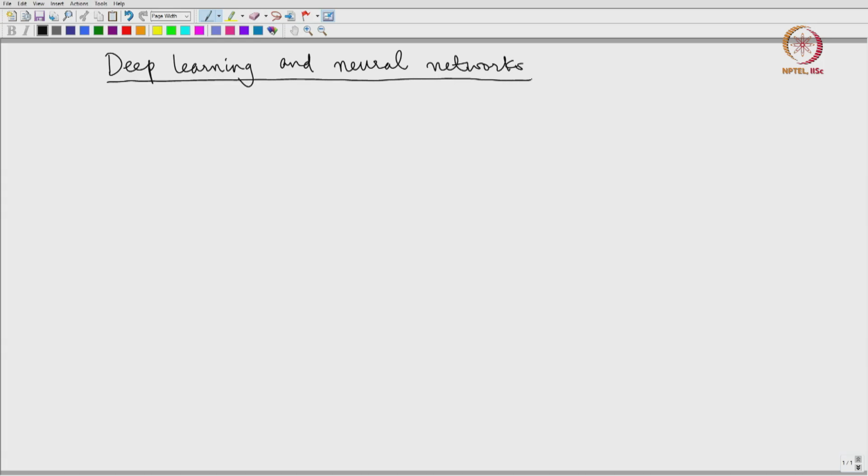Okay. So, what is deep learning and what are neural networks? That is the question we want to answer.